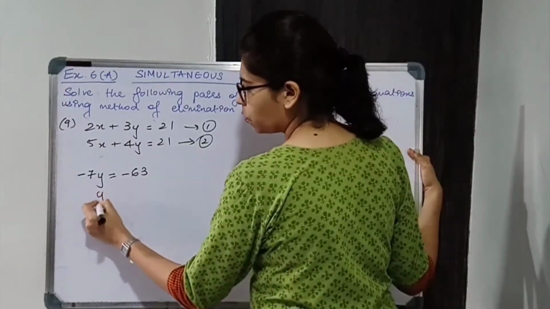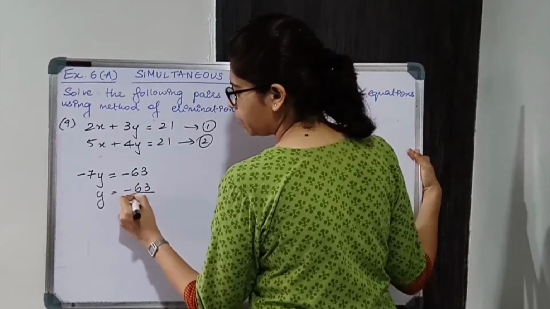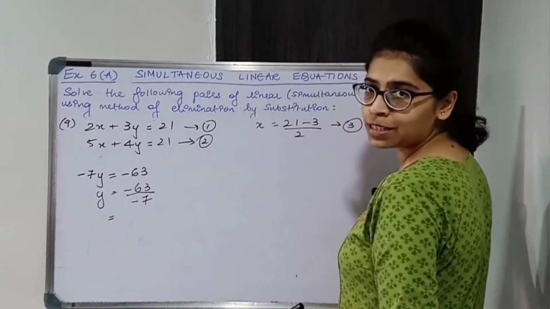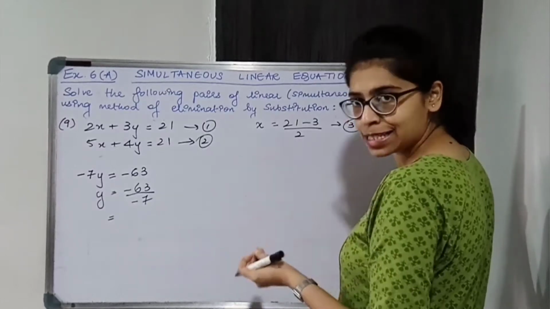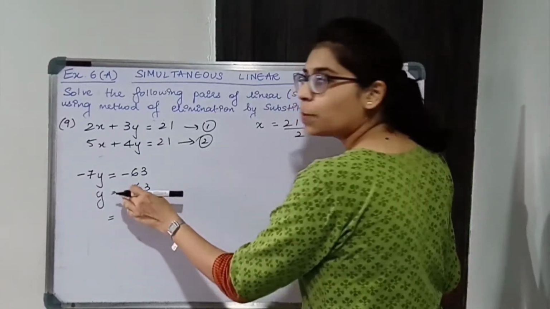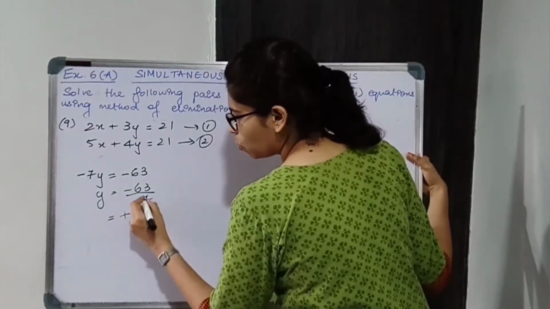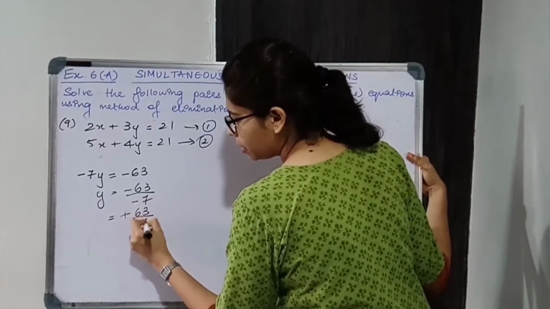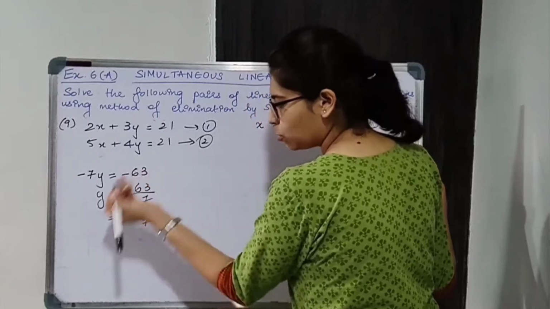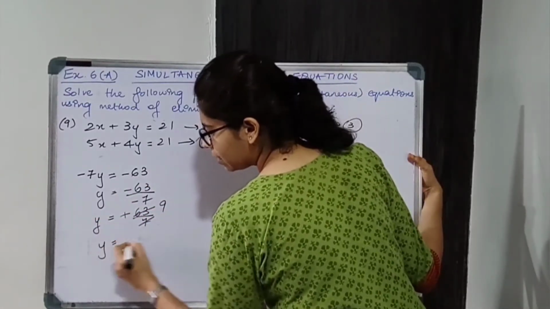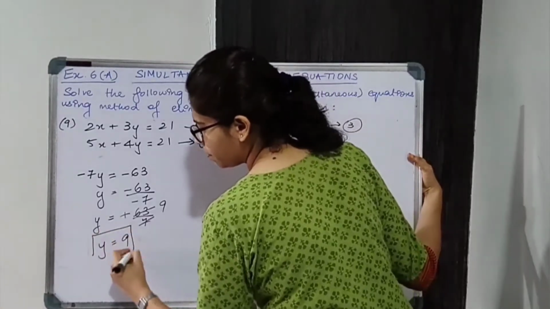So y is equal to minus 63 by minus 7. Okay, so don't cancel out minus minus, you actually never cancel out. Minus goes up, so minus into minus becomes plus. All right, so plus 63 by 7, or you can divide over here only, 7 9s are 63. Okay, so you will get y is equal to 9.